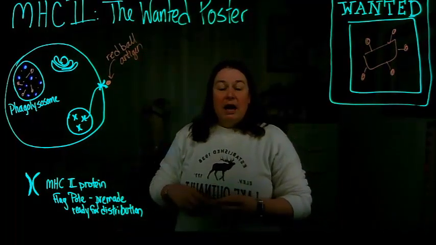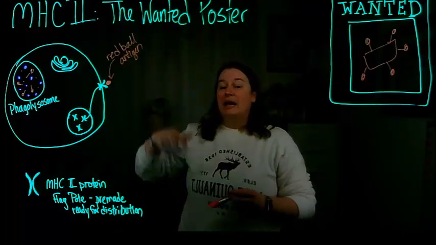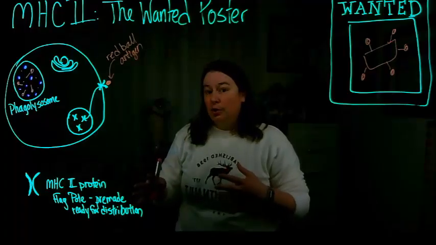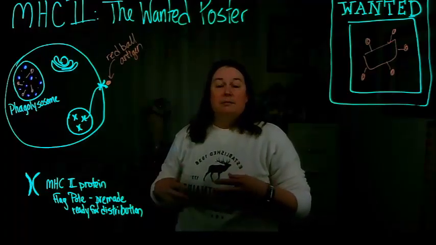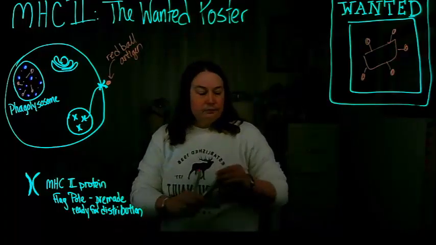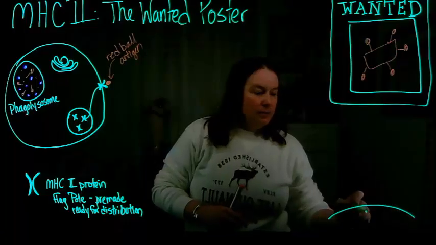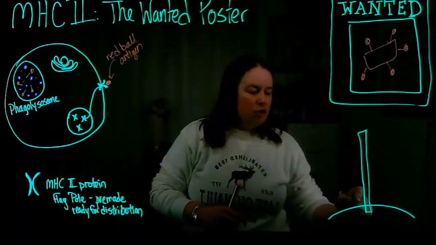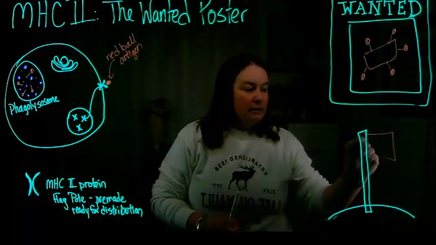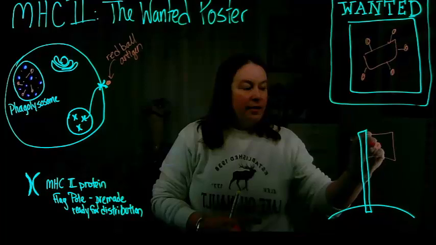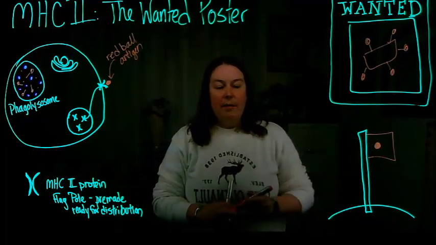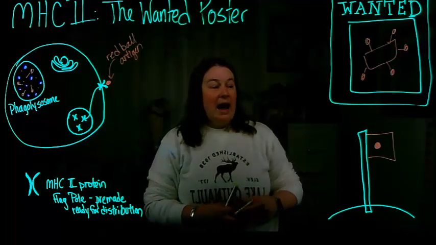And so now our cell has displayed this evil red ball antigen on the MHC2 protein that it pre-made, the little flagpole, and essentially what it's doing is running a flagpole up, and on it, it is putting a flag with the red ball so that other cells will be able to come along and recognize this thing as a wanted poster.